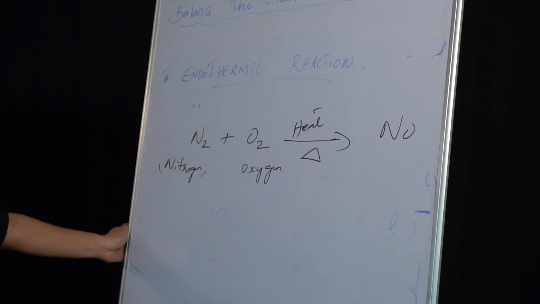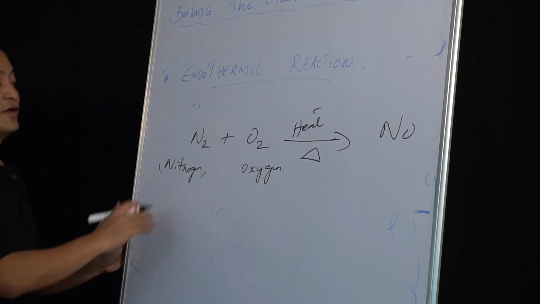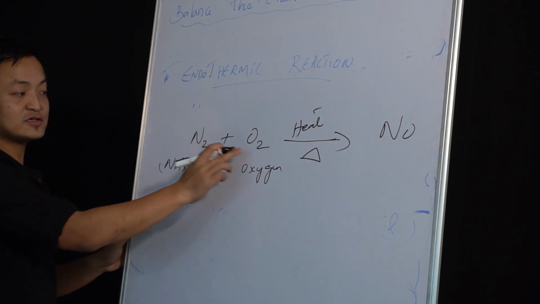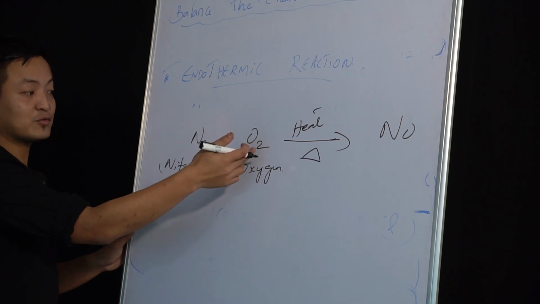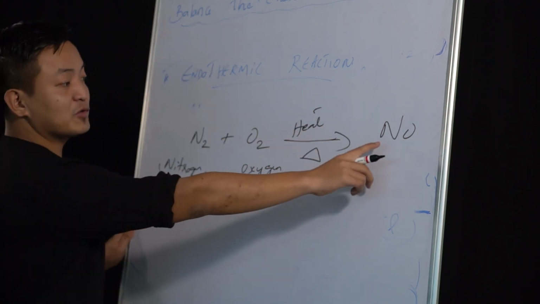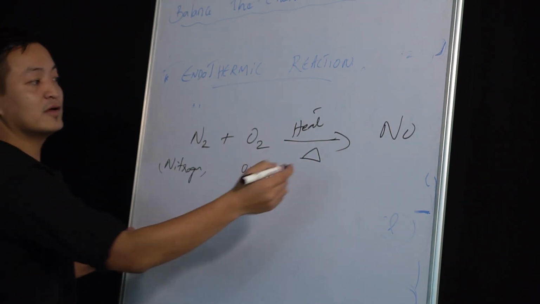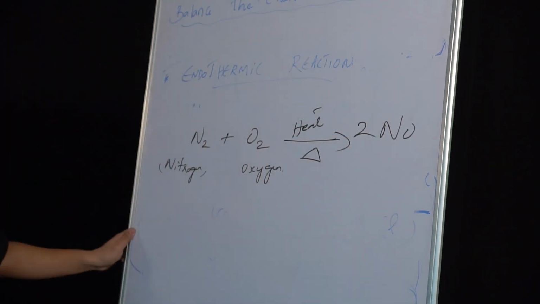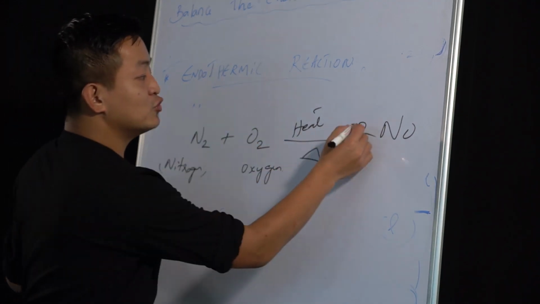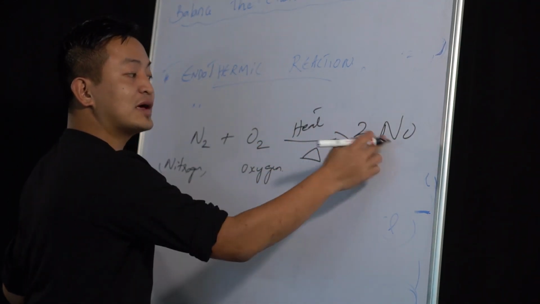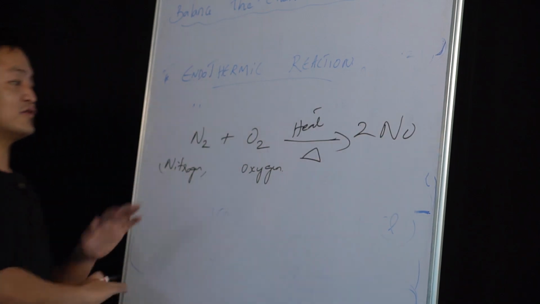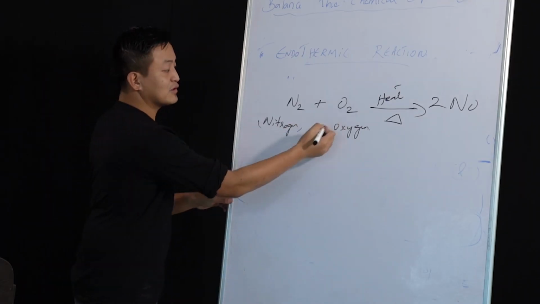But as I said in the first class, in a chemical equation, everything we need to balance. So on the left side we have 2 nitrogen and 2 oxygen. But here we have only 1 nitrogen, 1 oxygen, so we are short. So just simple, I have put 2 over here, so that means it is 2 times nitrogen, 2 times oxygen. So this is a balanced chemical equation.